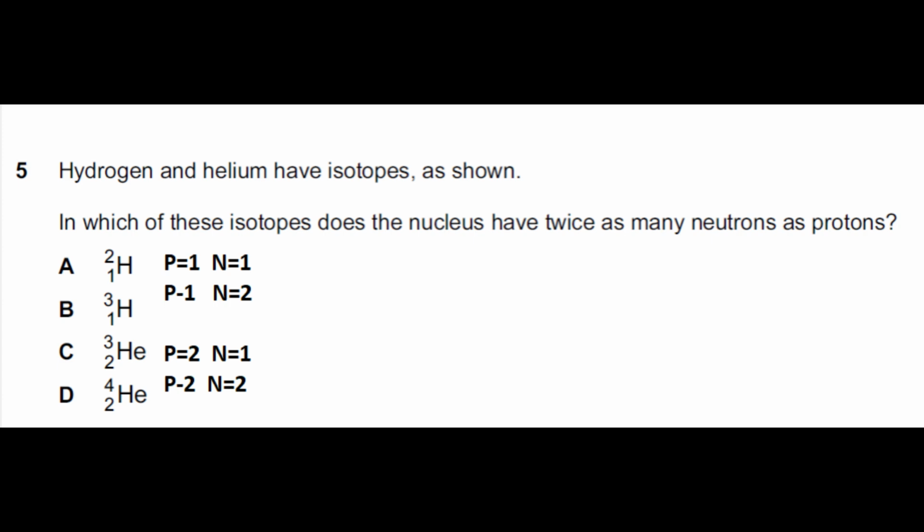In Bravo, protons are 1 and neutrons are 2, so that means neutrons are twice as many as protons. Charlie says protons are more than neutrons and Delta says protons are equal to neutrons. The question asks for twice as many neutrons as protons, so neutrons should be more than protons. So Bravo is the correct answer for this question.